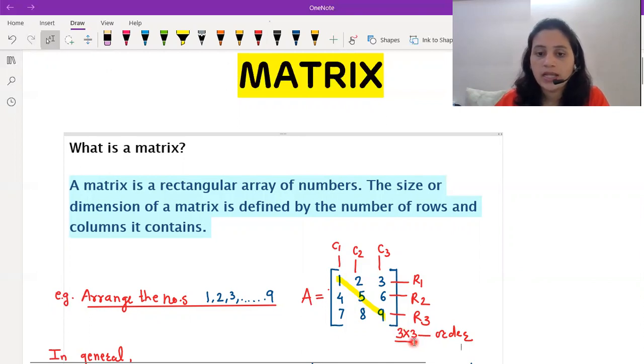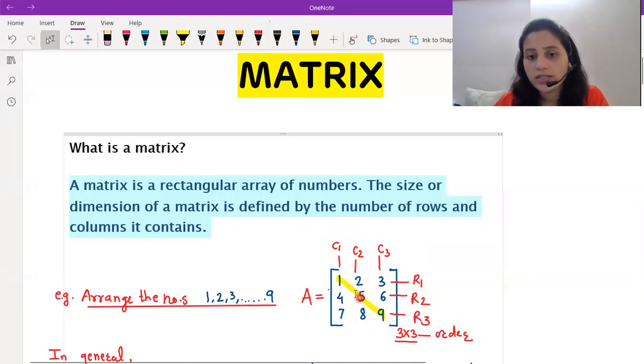Okay. Now if you can see, I highlighted these points: 1, 5 and 9. Now 1 is the first element of this matrix and 9 is the last element of the matrix. Okay, so this is my principal diagonal, or you can say leading diagonal. Okay, why?